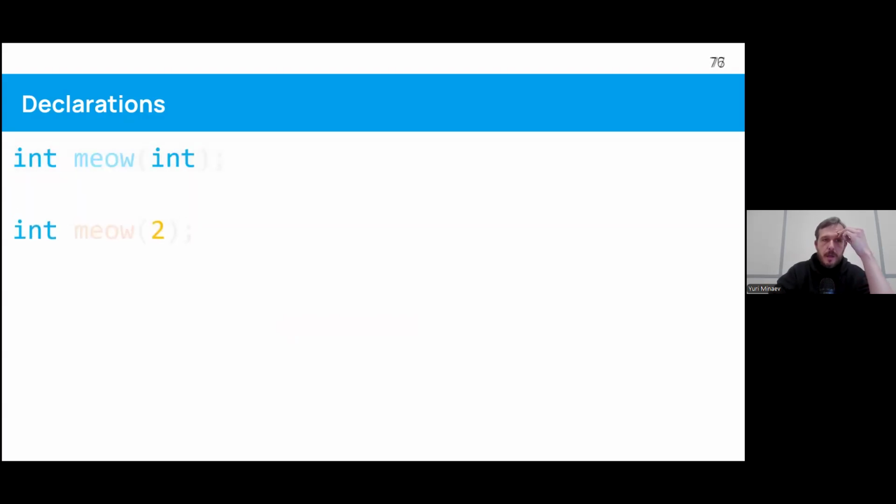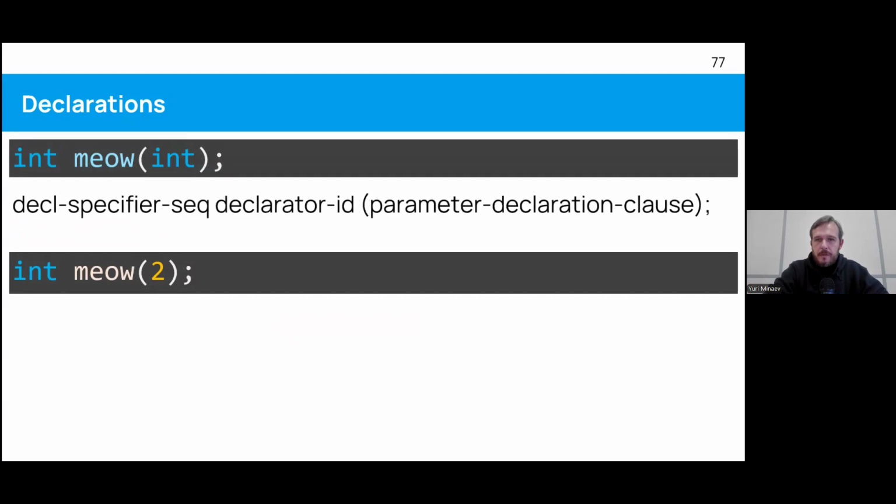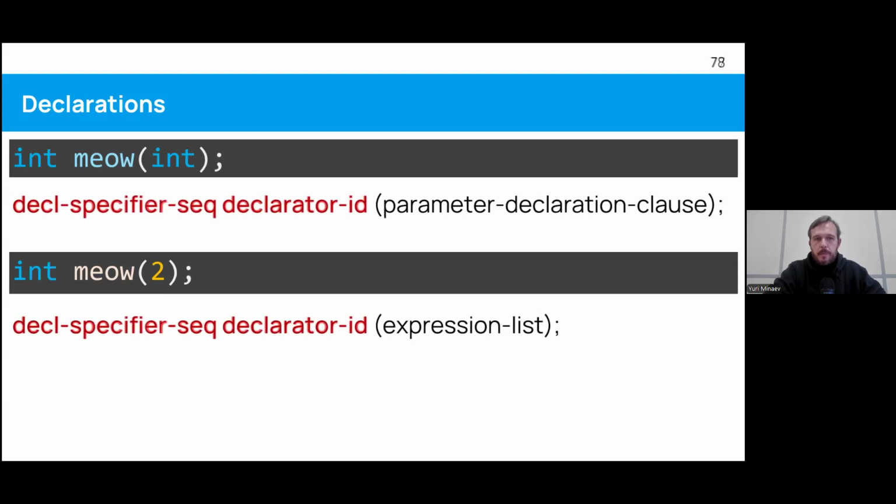So how did we get there? Let's see. Again, our function and our variable look very similar, don't they? So for a function, we can present grammar for it like that. And for a variable like that. And if you look closely here, you will see the problem.